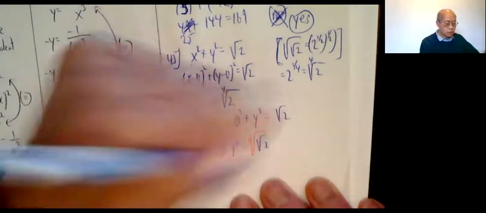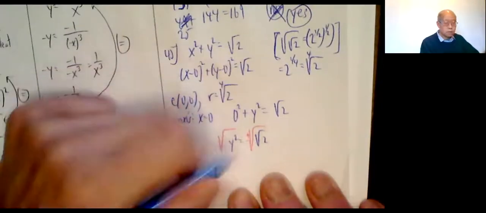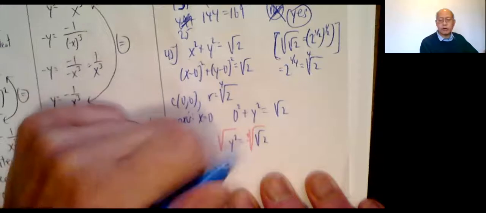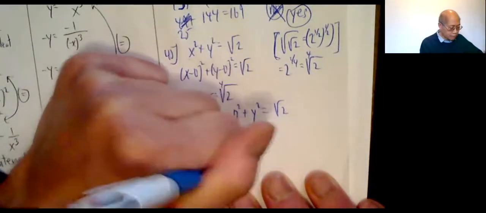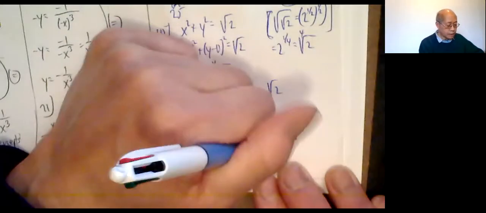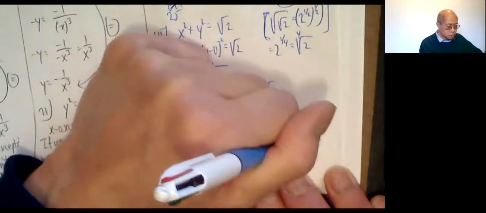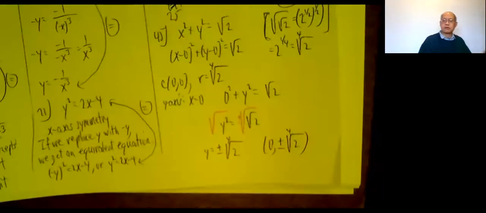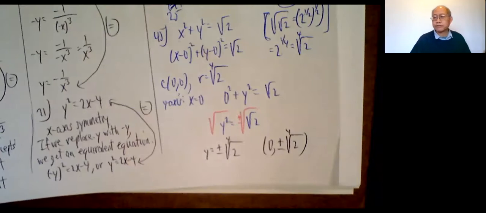Square root, plus or minus. So y equals plus or minus. Well, we just did this. Square root of 2 means the 4th root. So plus or minus the 4th root of 2. Okay. So we have 0 comma plus or minus 4th root of 2, like that. Okay. That's kind of weird.